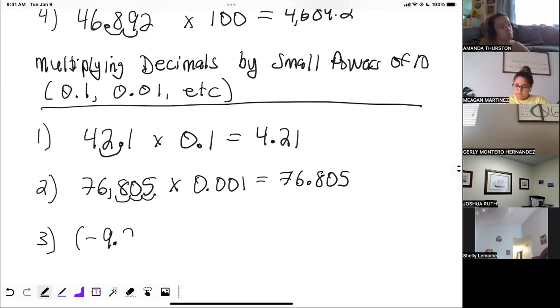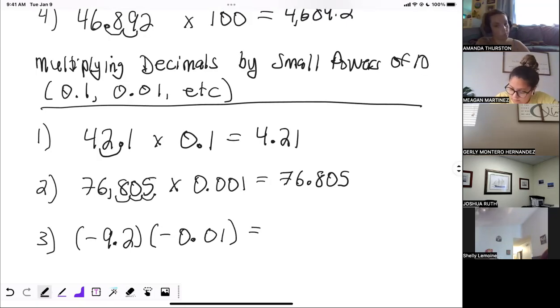Negative 9.2 times negative 0.01. Can't forget the negatives, right? Number 1, do the negative first. A negative times a negative is a positive. So I don't even need the negatives. If you want, which I do, I just make these positive to remind me I don't have any negatives left.